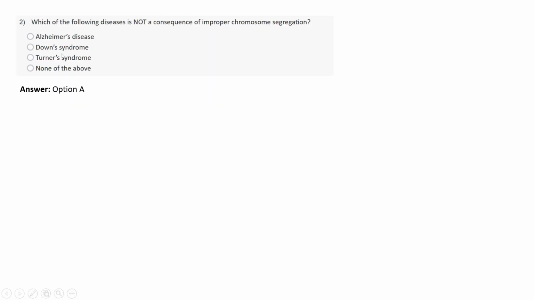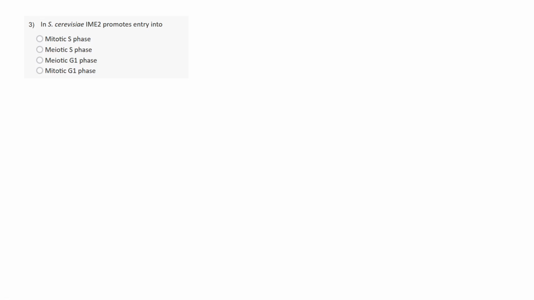Down and Turner syndromes, as we discussed, are generally due to improper chromosome segregation, but Alzheimer's disease is generally mediated through unfolding of prion proteins, not by chromosome segregation. So Alzheimer's disease is the answer in this case.